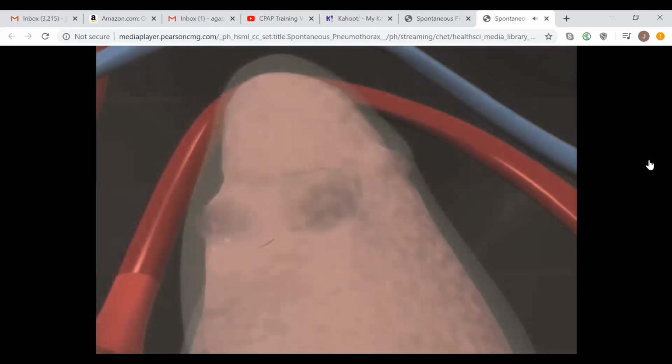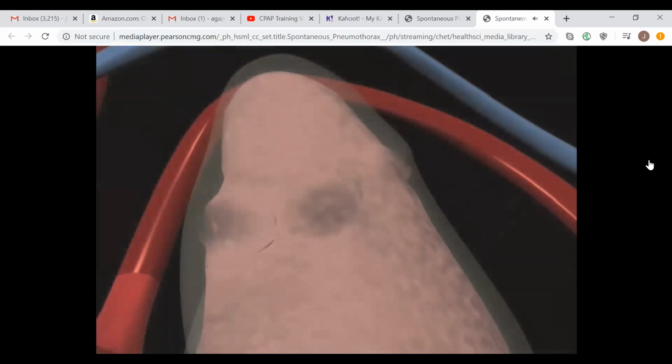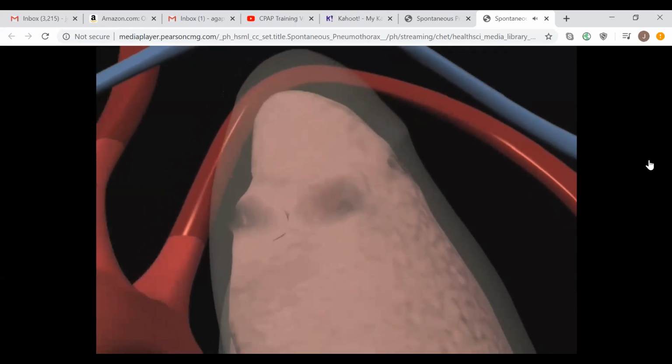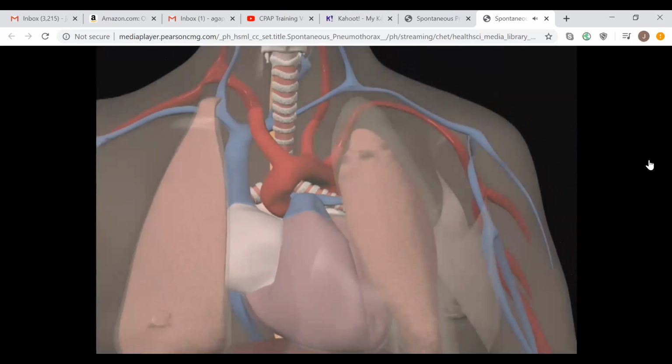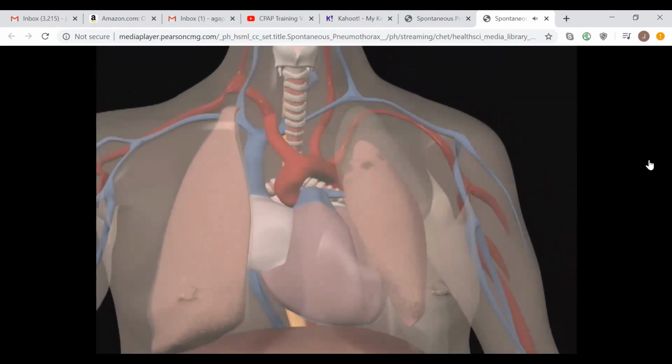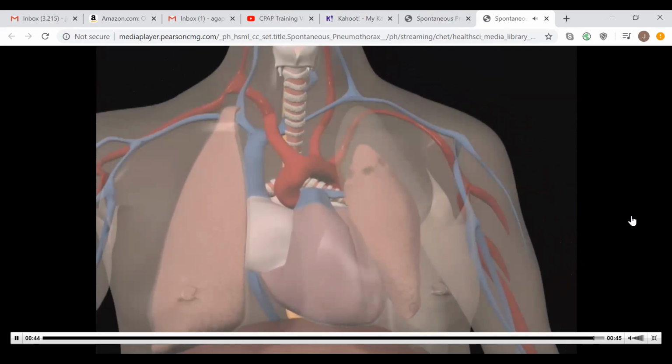Like an expanding balloon, the bleb will eventually rupture, creating a pneumothorax. Air then travels down the pressure gradient and enters the pleural space, and the lung collapses. The resultant ventilation perfusion mismatch and decreased tidal volume then lead to dyspnea and hypoxia.